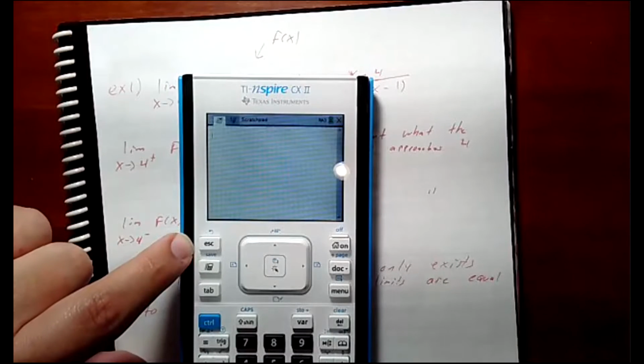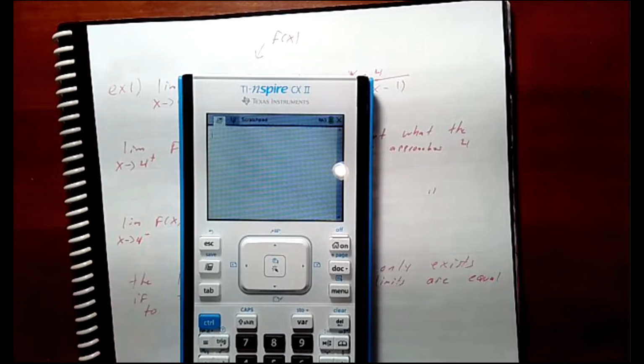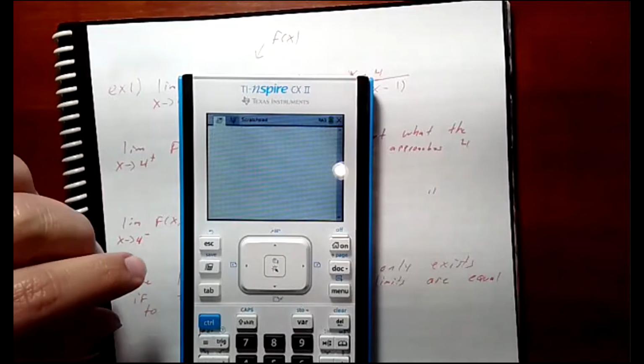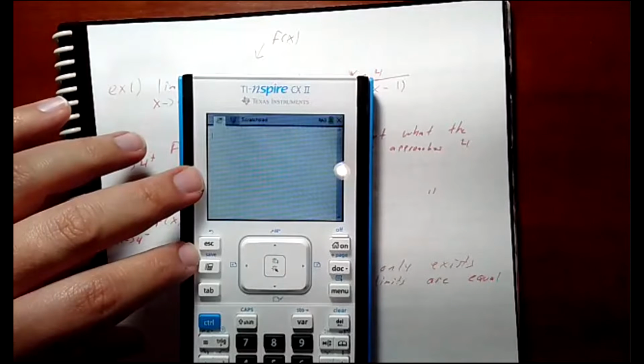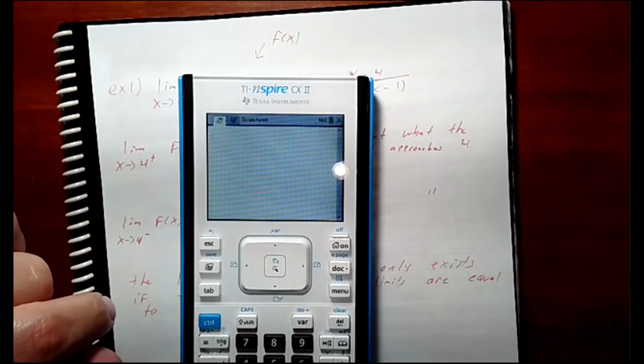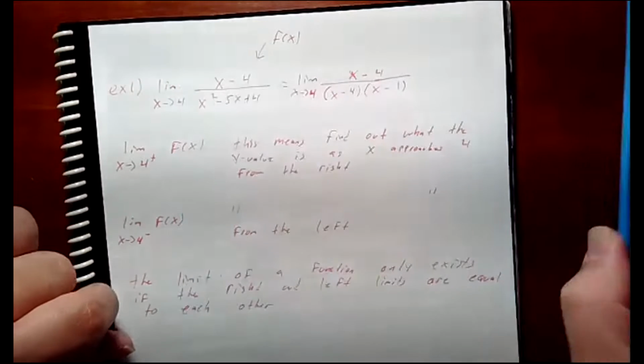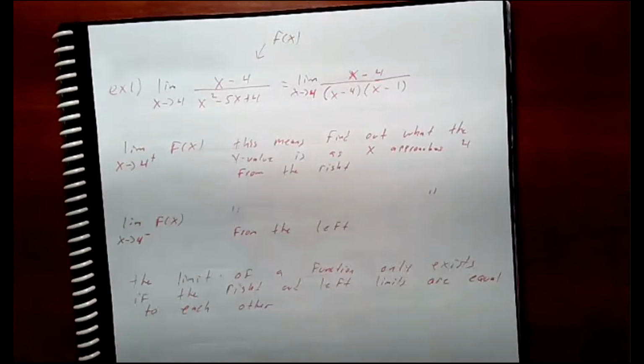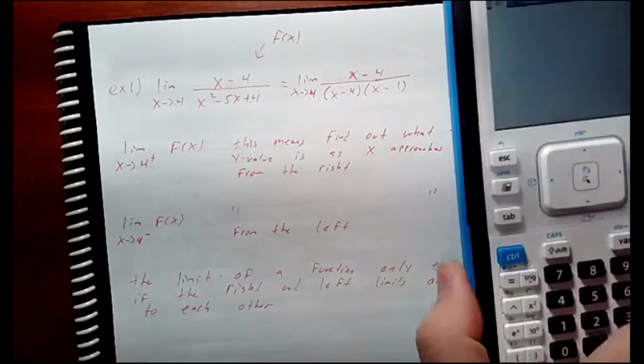Because I'm on the graph. I was trying to graph it and I ended up with 2 lines somehow.